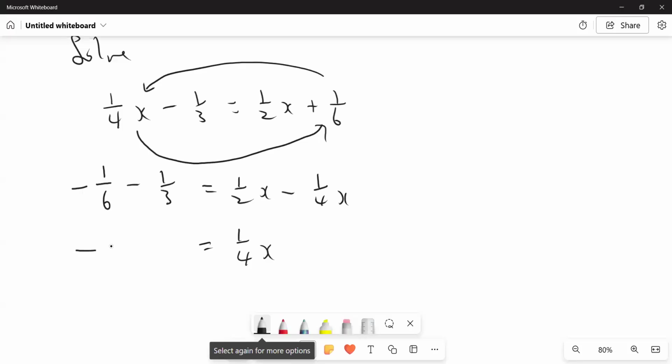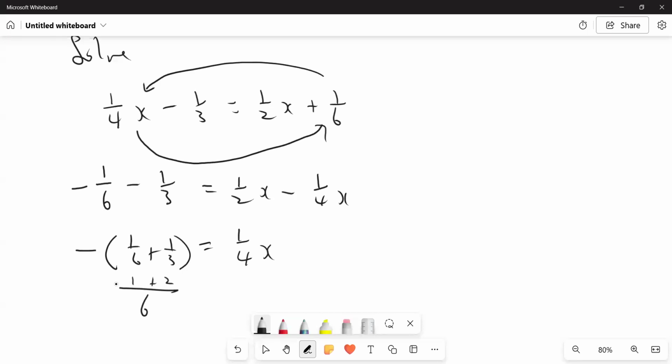So take the minus outside and put 1/6 plus 1/3. You do a little LCM business, so you'd have 1 plus 2. So you get minus a half equal to a quarter x. So you want to get x.